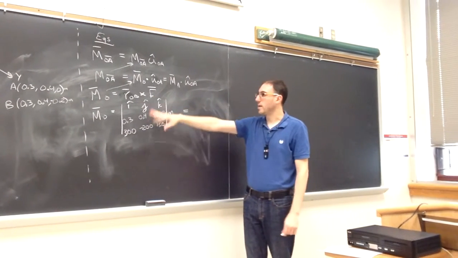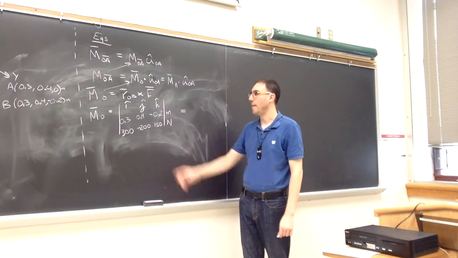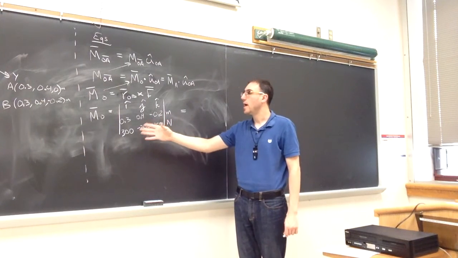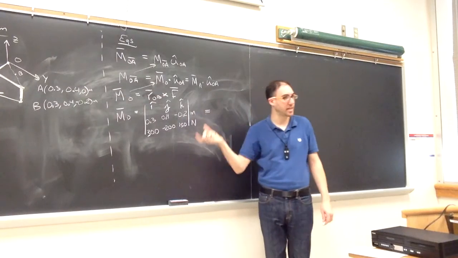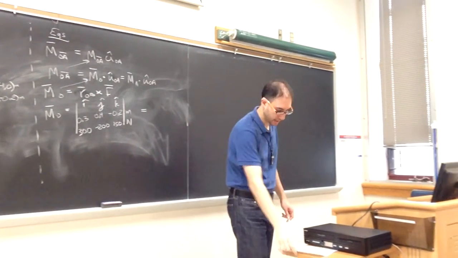We spent Wednesday looking at this, so I won't go through the details of that, but we have this 3x3 determinant, and we can find the moment around point O as a vector. The cross product gives us out a vector quantity.